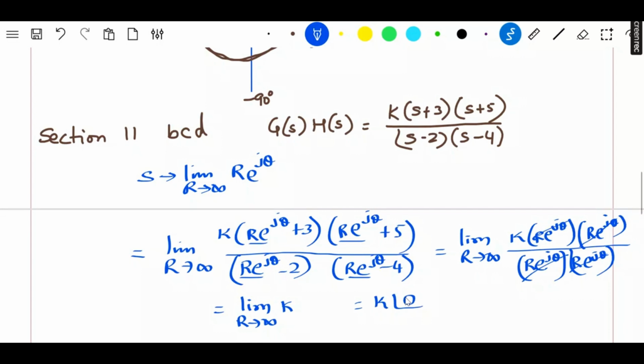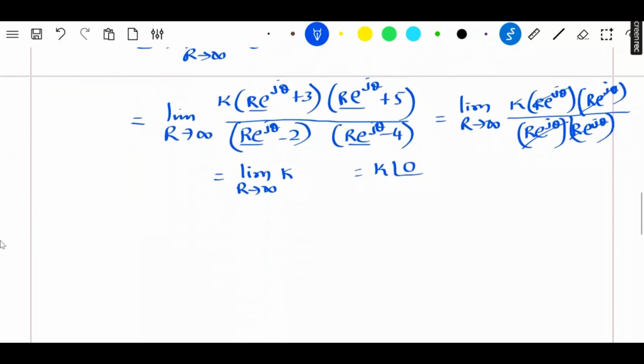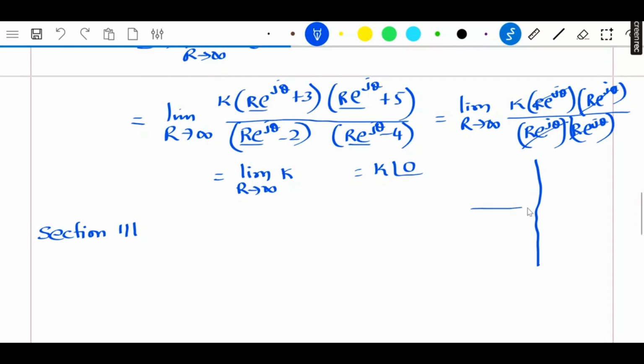Now, let us go with further path. Is there any path that we need to go with? That is section 3, last section. Anyway, this is k at an angle 0. If I write this, it is very simple, so this is your path.